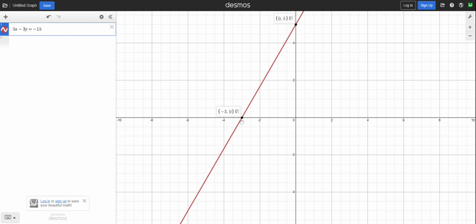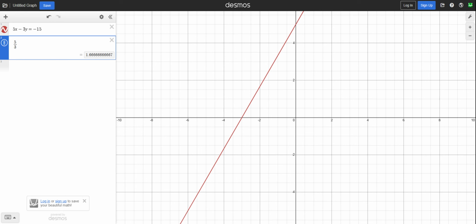All right. Now, to get from here to here, I go to the right 3 spaces, and I go up 5 spaces. Rise over run. Rise is 5, run is 3.